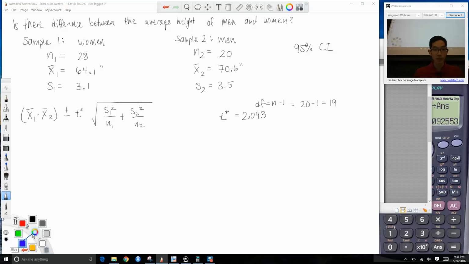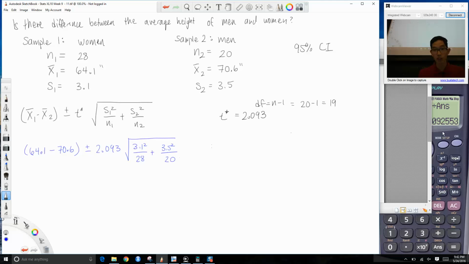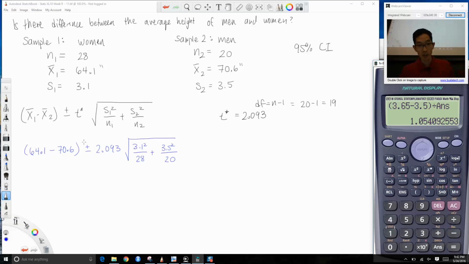Okay, so now it's just a matter of plugging in numbers. x bar 1, 64.1, minus x bar 2, 70.6, plus or minus t star 2.093 times the square root of s1, 3.1 squared over n1, 28, plus s2, 3.5 squared over n2, 20. I'm going to do the part before the plus or minus first.